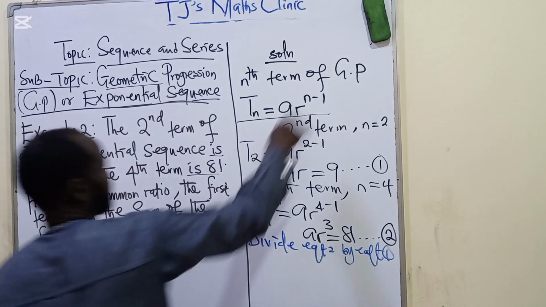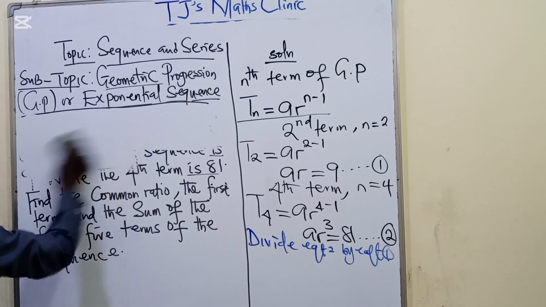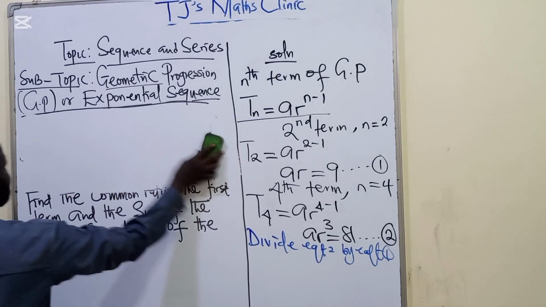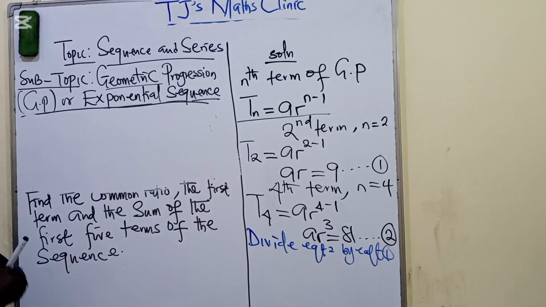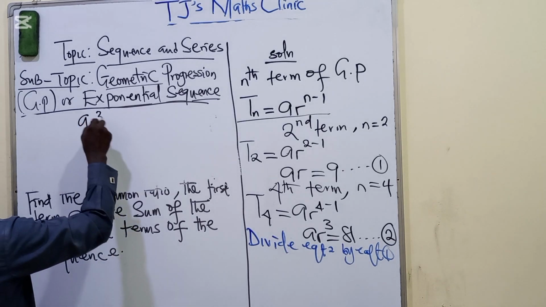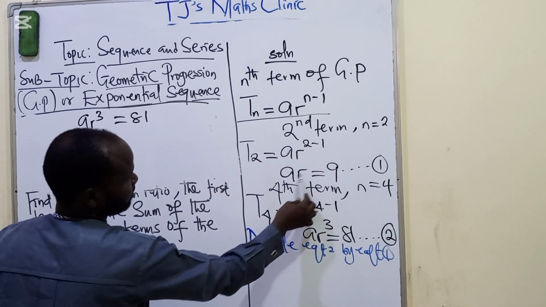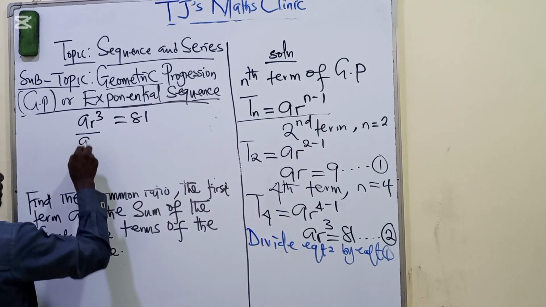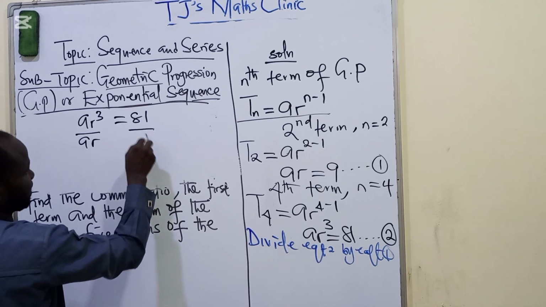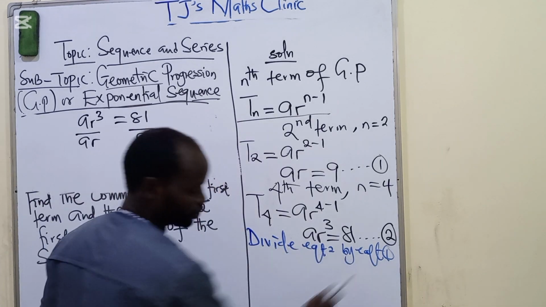Our equation 2 is AR power 3 equals 81. Then equation 1 is AR equals 9. We divide AR power 3 by AR, and we divide 81 by 9. That's what it means to divide equation 2 by equation 1.